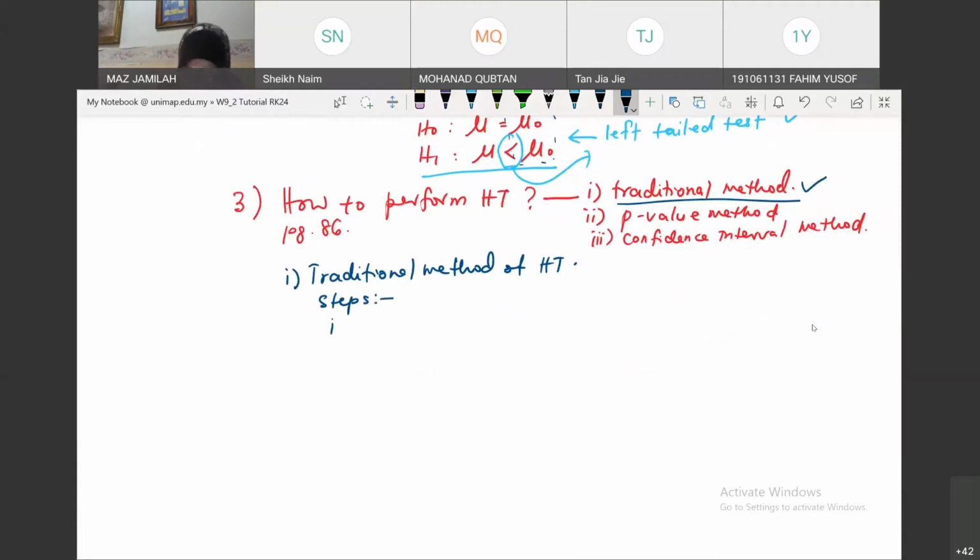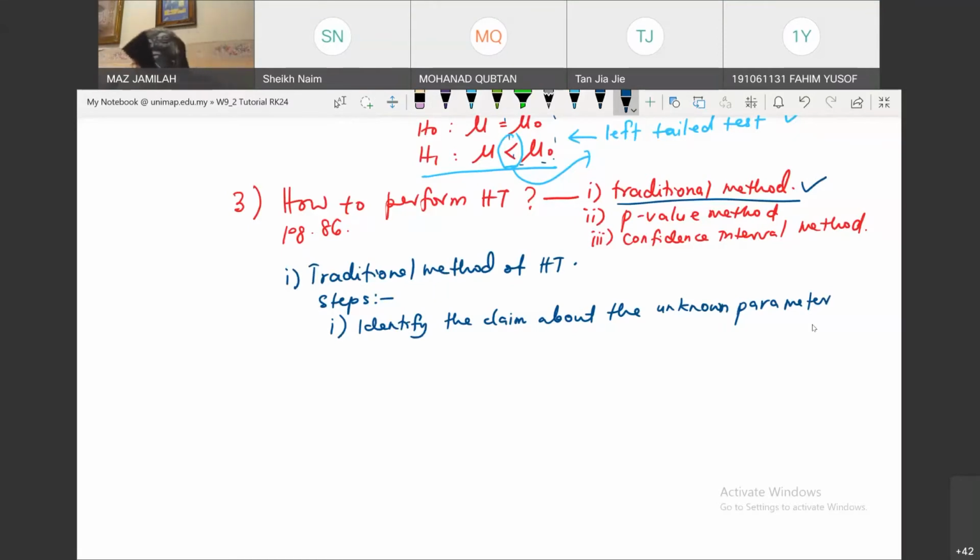The first one is to identify the hypothesis statement, or identify the claim about the unknown parameter. If you are talking about mu, then you write mu. If you are talking about population proportion, then you use p.